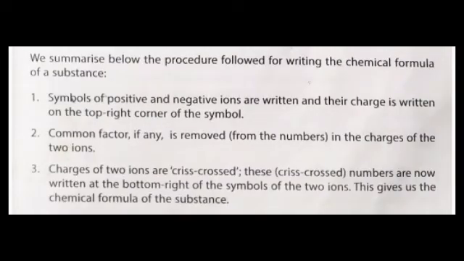We summarize below the procedure followed for writing the chemical formula of a substance. The symbols of the positive and negative ions are written and their charges are written on the top right corner of the symbols. The common factor, if any, is removed in the charges of the two ions.